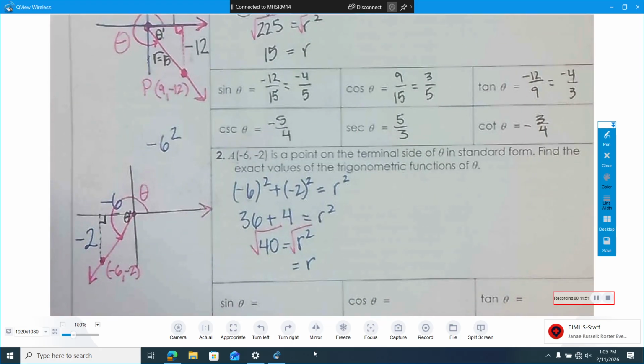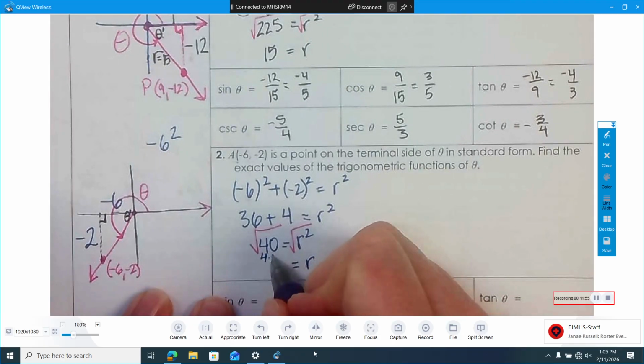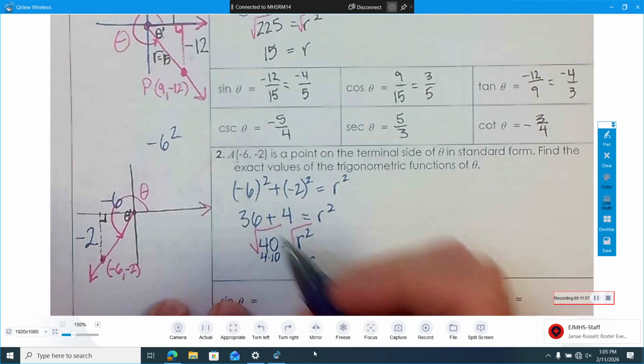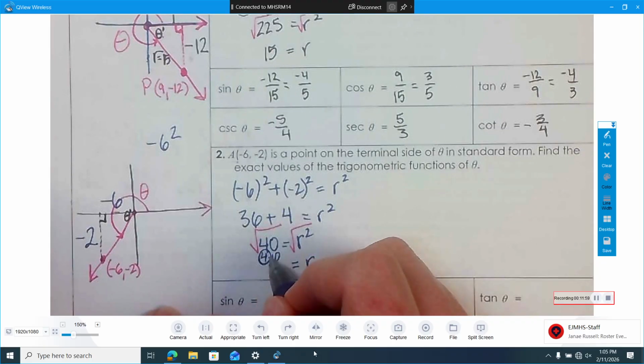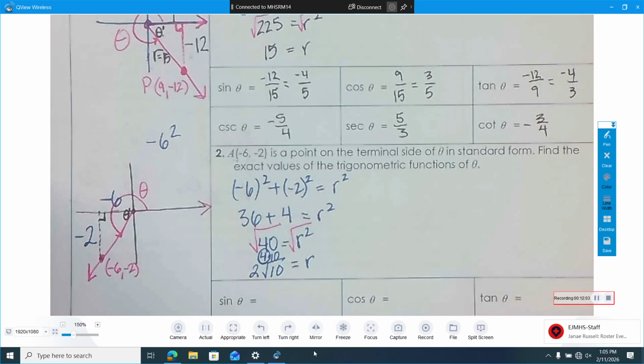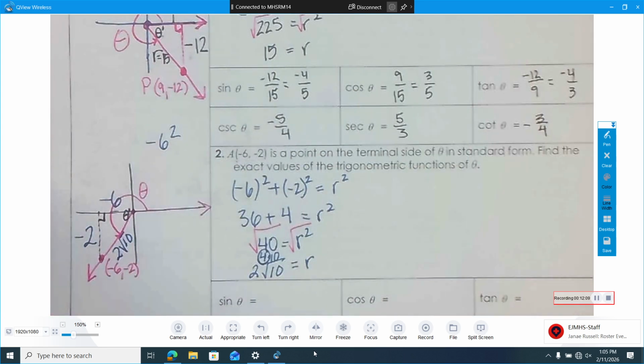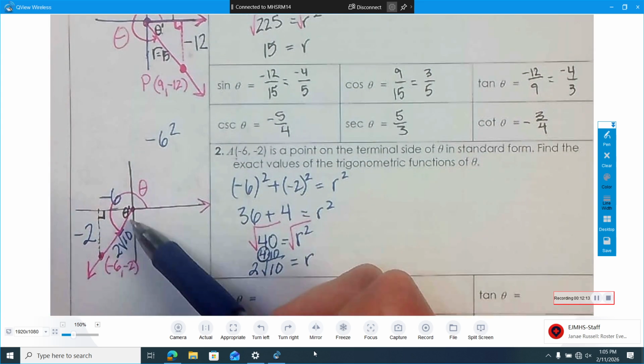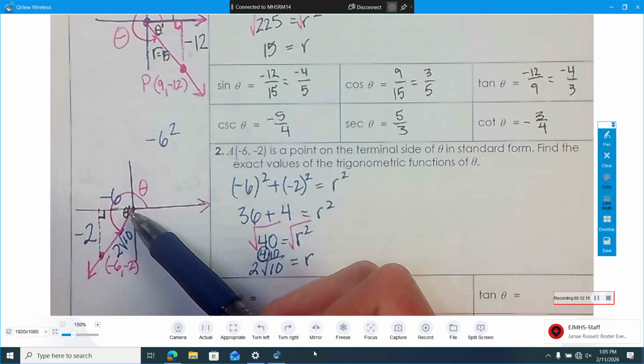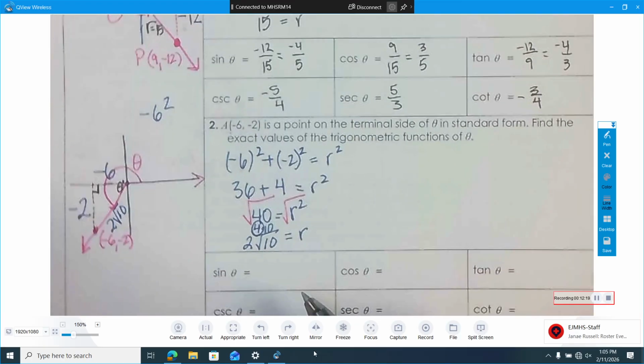How do we simplify the square root of 40? So 4 times 10. Good. The square root of 4 is 2, and the root 10 stays. Okay, so my radius is 2 root 10. So now looking from our little baby reference angle, theta prime, what's the sine ratio?